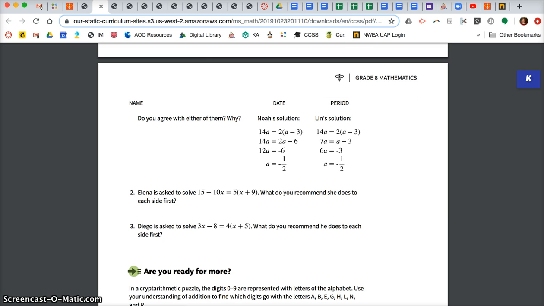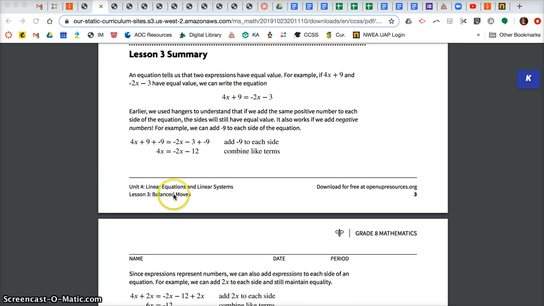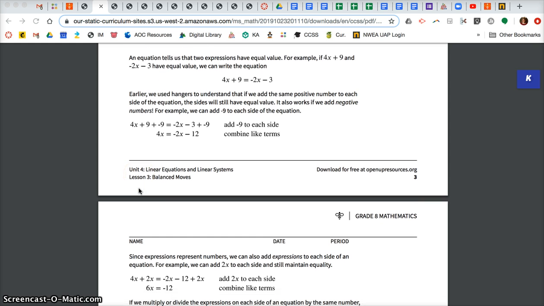All right, so we went ahead and jumped all around this lesson today, but we are finally at the end of our time together. And lesson 3 has this amazing summary at the end of it, which explains the process of how we're going to be working through solving equations when we have variables on both sides.